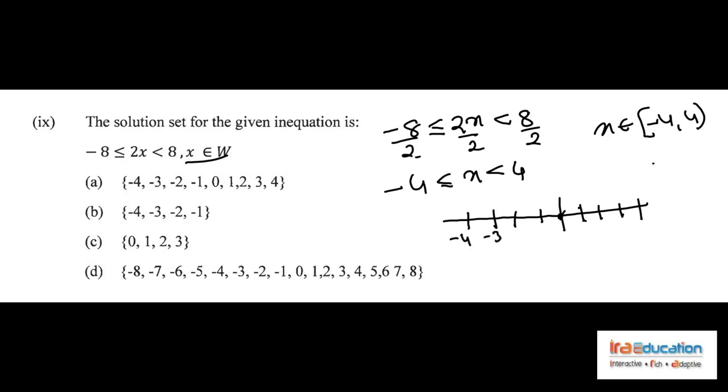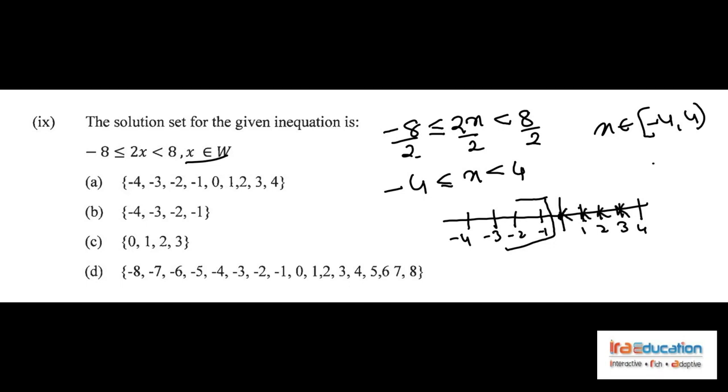If I plot all these values on the graph sheet, then because he says x belongs to W, W will not contain all these values. These negative values are not contained in W. Therefore, what it contains is 0, 1, 2 and 3.